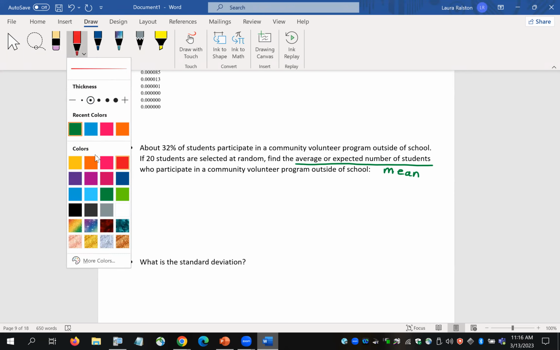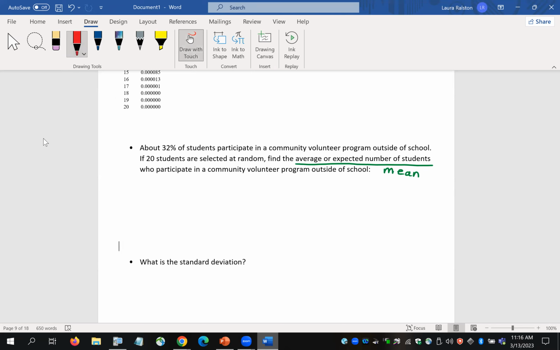It's a formula. The formula for the mean is N times P. Remember, N is the number in your sample, so we're selecting 20, and our probability of success, which is P, is 32%.